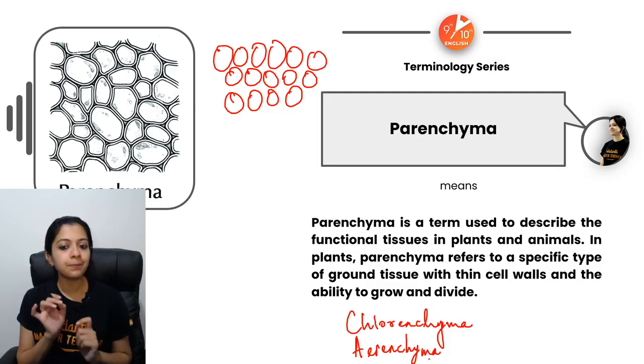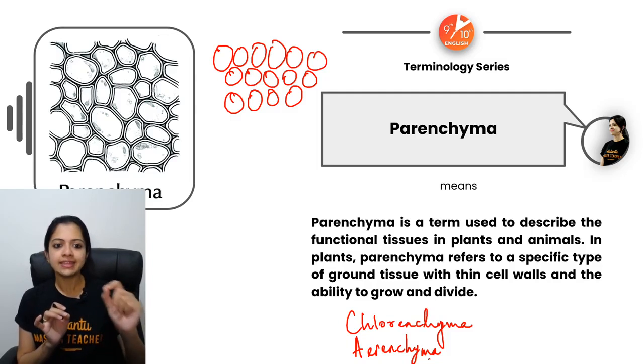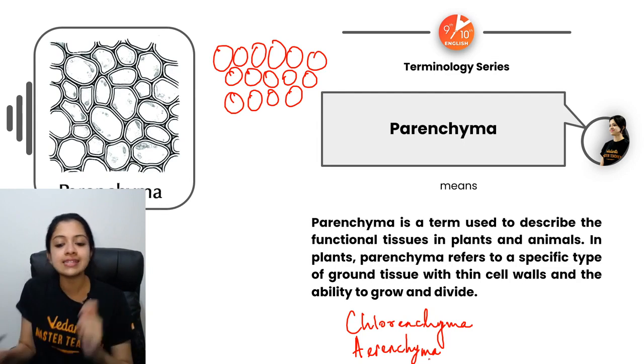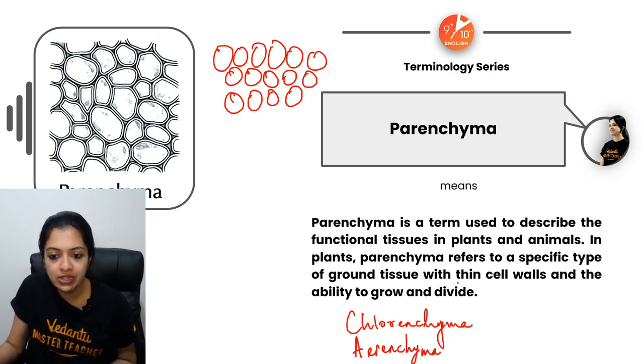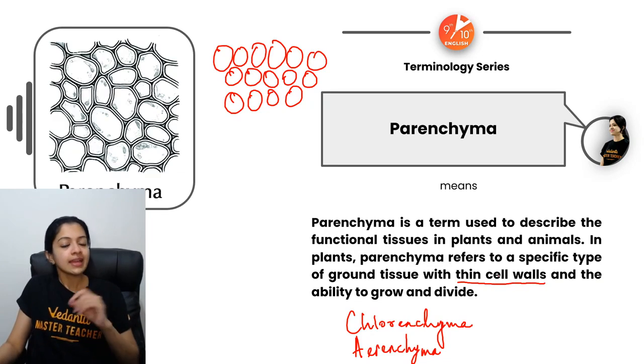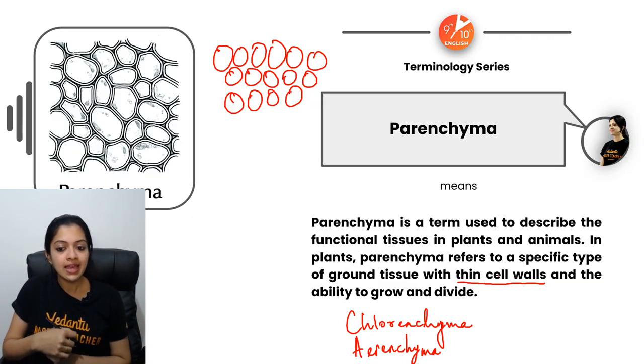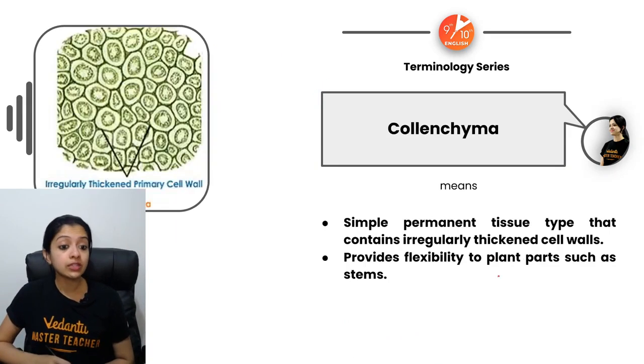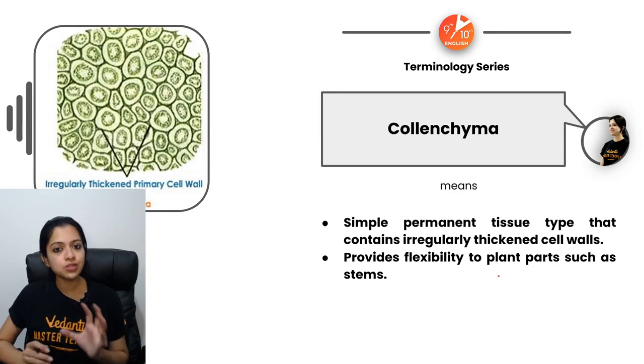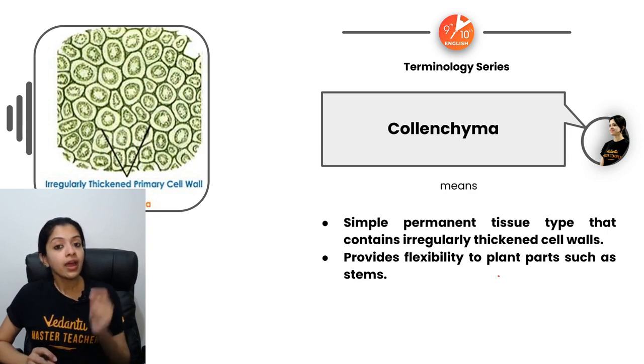Remember, they are completely living cells and they've got very, very thin cell walls. That's one major point you need to remember. Thin cell walls, they have the ability to grow and divide as well, up to a certain extent. Right? Okay. Now the next one, Collenchyma. What is Collenchyma? Remember, they are also a kind of simple permanent tissue.